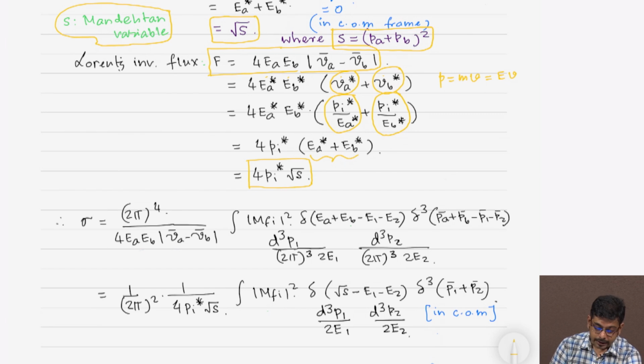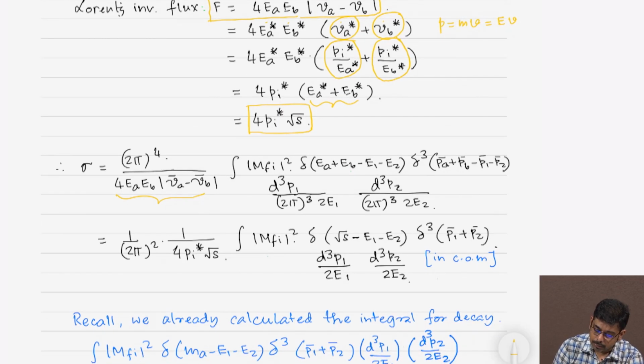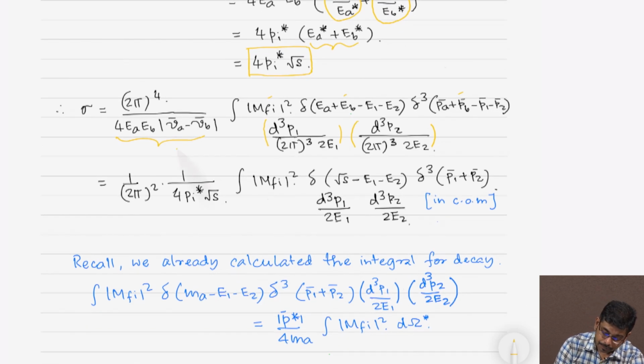Now, let us rewrite the scattering cross section in the center of mass frame. From the definition that we have obtained, it is (2 pi) to the power 4 divided by the flux factor, which is 4 Ea Eb into mod of Va minus Vb, into the integration of mod of Mfi squared, the delta function on the energy, the delta function of the momentum, and then the Lorentz invariant phase space factor d cube P1 by (2 pi) cube 2E1, d cube P2 by (2 pi) cube 2E2. So, in the center of mass frame, we can trade off the flux factor to be 4 Pi star into square root of S, as we just derived above.